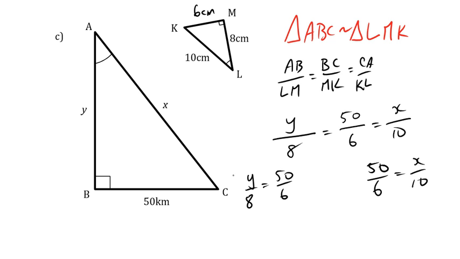So why bother? I would just multiply by 8 on both sides, and in one step, y equals 50 times 8 divided by 6, which is 66.7 approximately. Okay, try the next one quickly on your own. Easy stuff. What do you multiply by, then how do you get the answer?